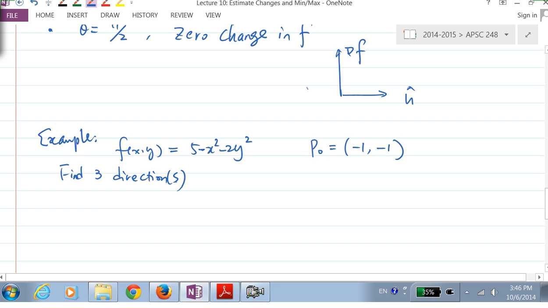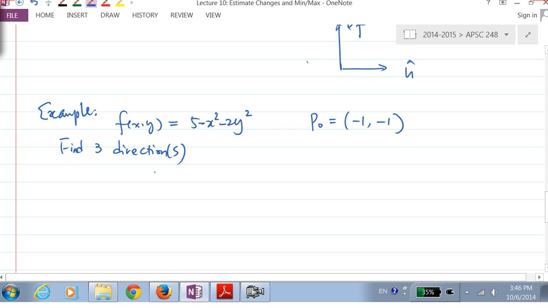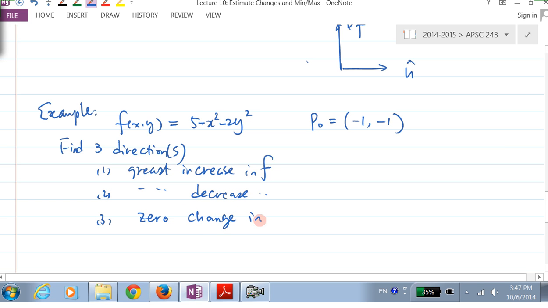Maybe there could be 1 direction or 2 directions, so I'll just use brackets here. First direction gives you the greatest increase in f, then the greatest decrease in f, and the third direction is the one that results in 0 change in f. So when you're walking in that direction a little bit, there shouldn't be any change there.